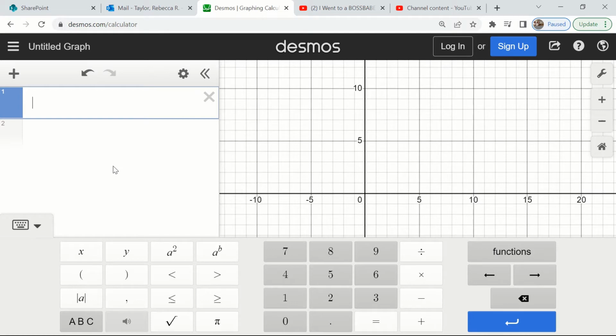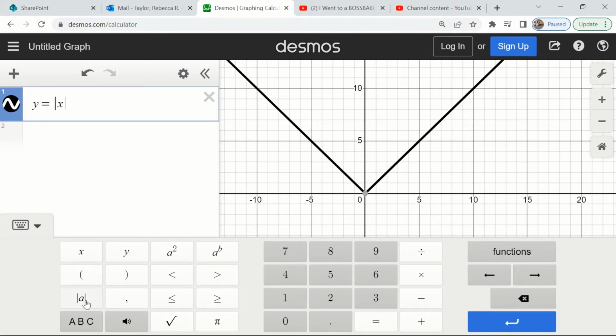They have asked us to use the parent function y is equal to the absolute value of x. When I've taught this in previous years, I have started with this because the transformations are particularly easy to see with absolute value functions. Sometimes with other functions, it's a little bit harder to see.